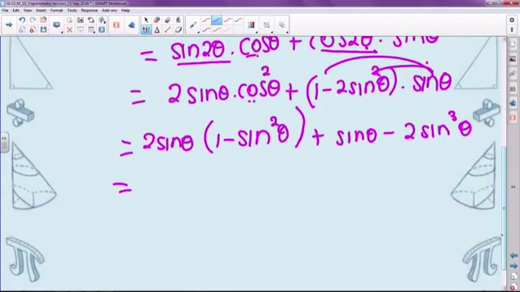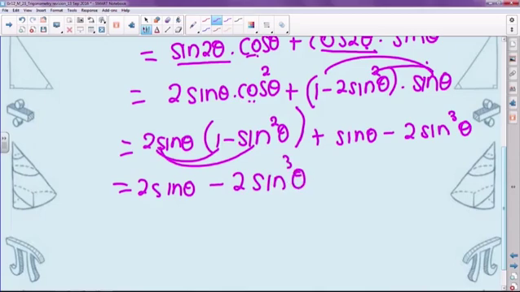Let's then multiply the ratio outside the bracket into the bracket in the first term. So we get 2 sine theta times 1, which is just 2 sine theta. 2 sine theta times negative sine squared theta is going to give me negative 2 sine cubed theta.